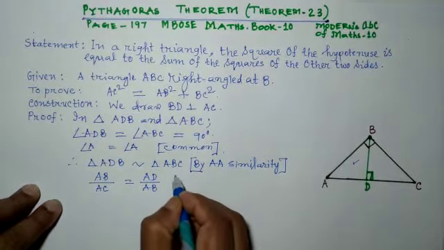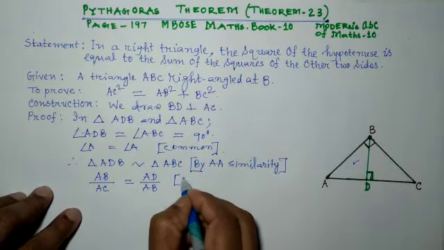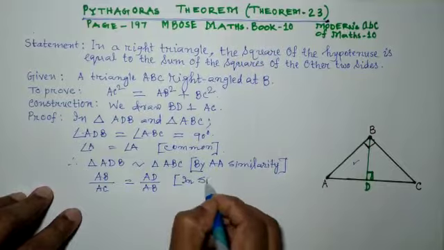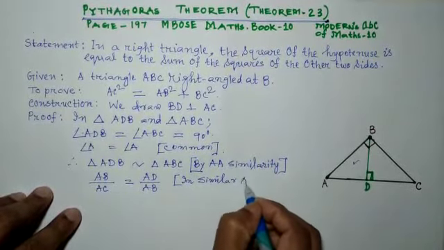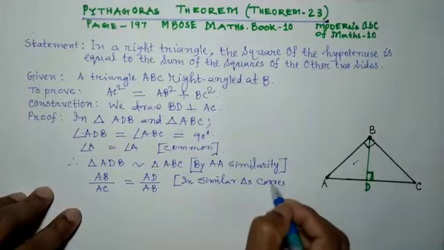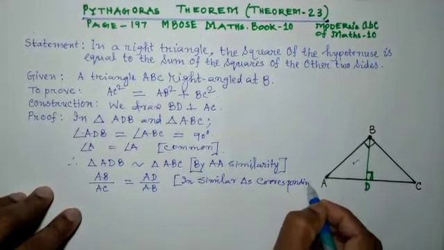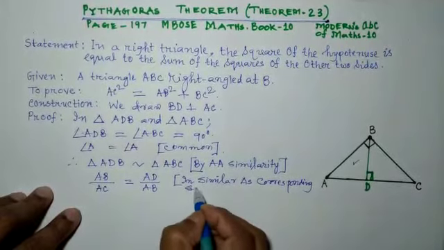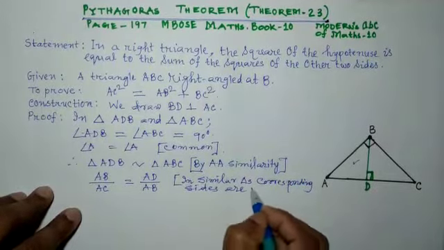So why are they equal? We write: in similar triangles, corresponding sides are proportional.